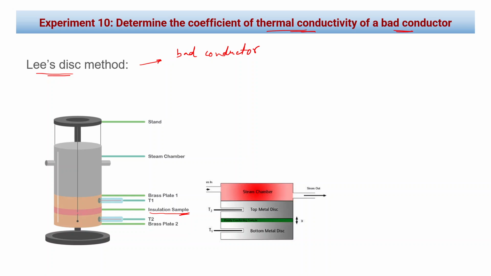So this is also some sort of thermally insulating material. On one side there is a metal disc. Here it's written brass, so it's a metal disc. This one is metal disc 1. Now this is metal disc 2.